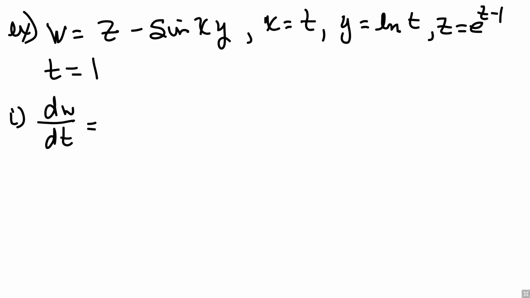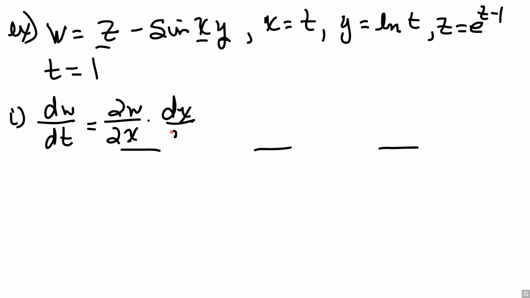In this one, we've got 3 variables, so that means we're going to have 3 terms. The first one is the partial of w with respect to x. Now we're going to multiply that by what? We're going to multiply that by dx dt.